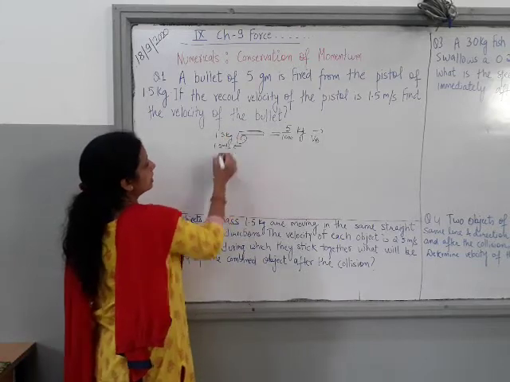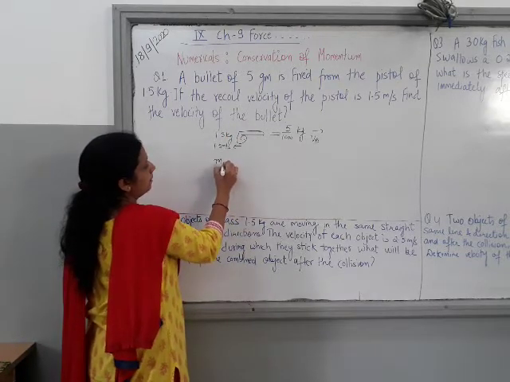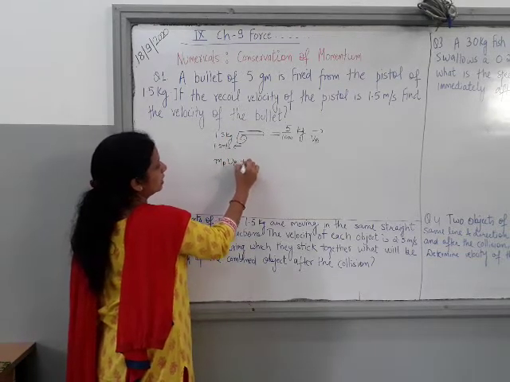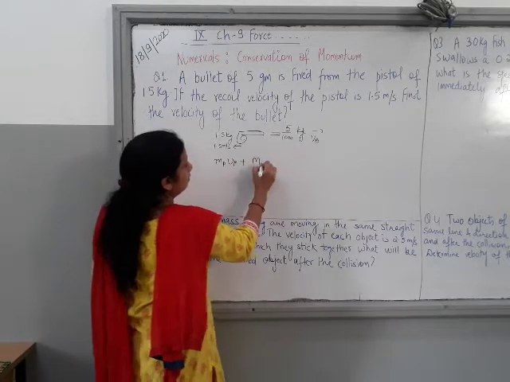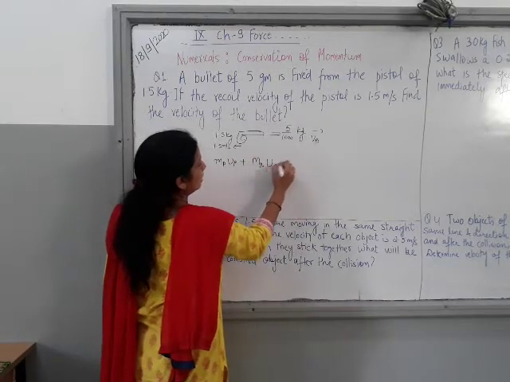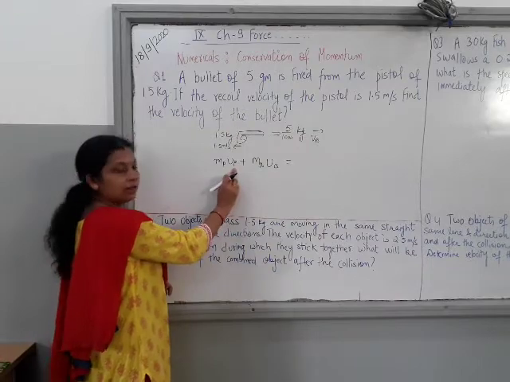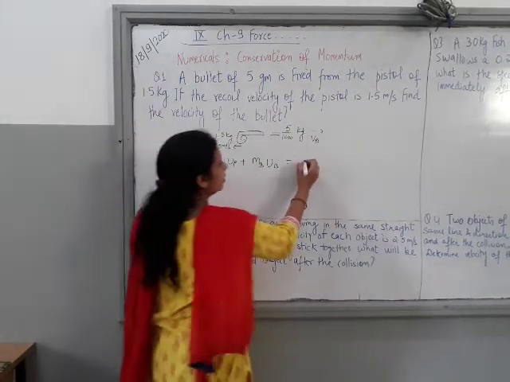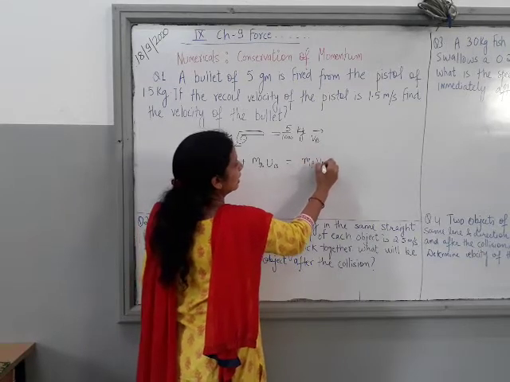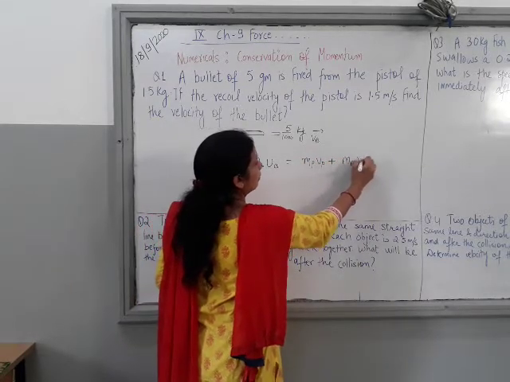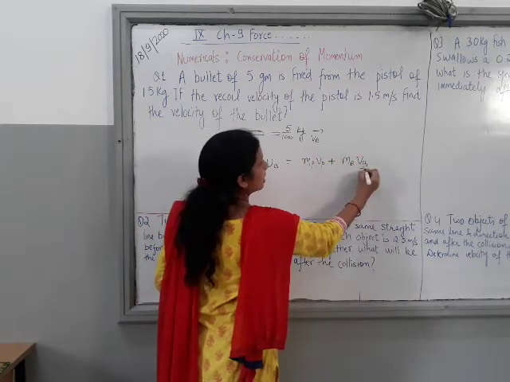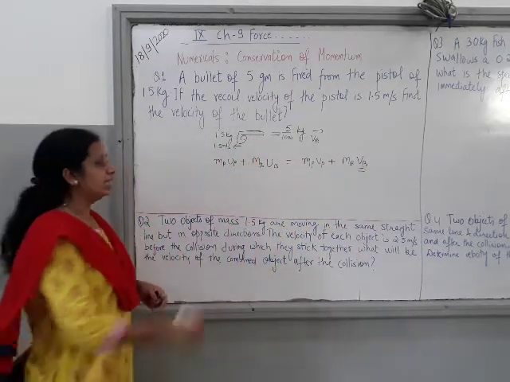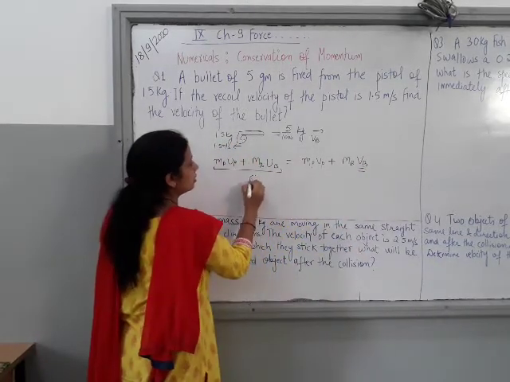So this is MP UP plus MB UB: mass of pistol, initial velocity of pistol, mass of bullet, initial velocity of bullet. Similarly, this is your final momentum, and this is VB we have to find. So this goes to 0.